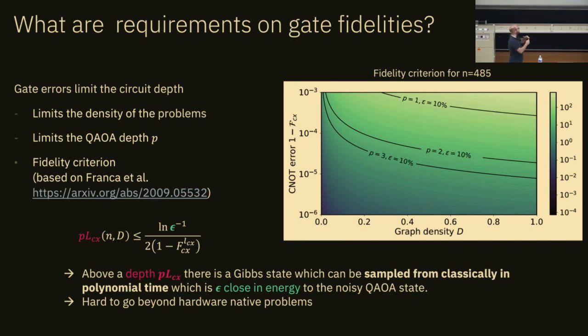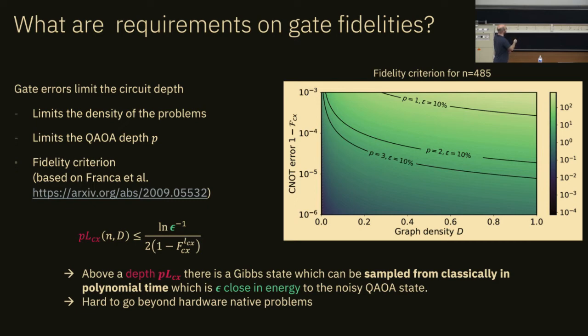Like if the fidelity is worse than that, then we can do it classically. So the fidelity needs to be below that barrier, the C0 fidelity, otherwise there's no chance. You can just sample from this noisy state classically. If you want depth 2 QAOA, the requirements are getting stronger, of course, depth 3.